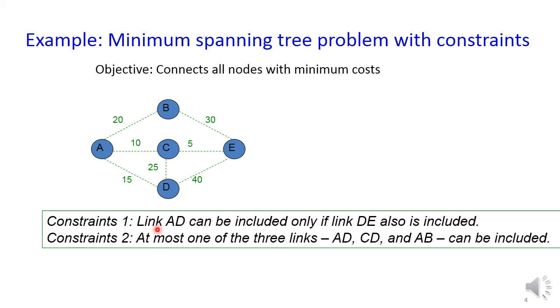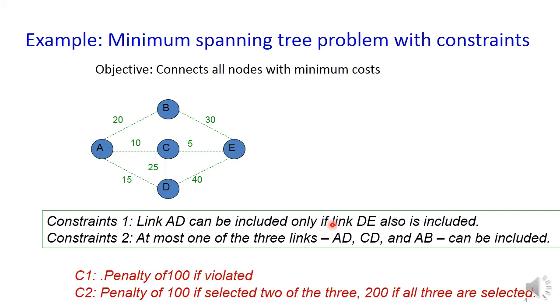Since 2 constraints are involved, how can we accommodate these 2 constraints as part of the sum of the weights of the edges? To meet constraints 1 and 2, we adopt the concept of penalties. Suppose the first constraint is violated.